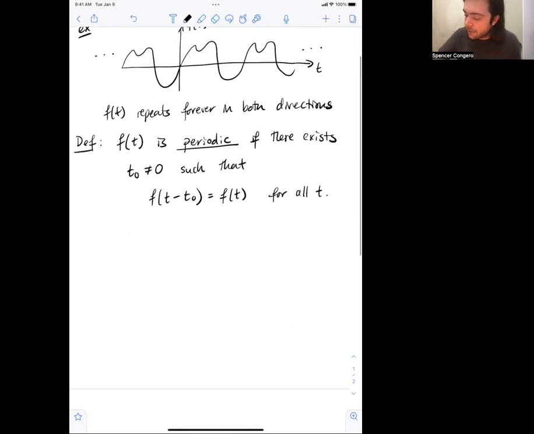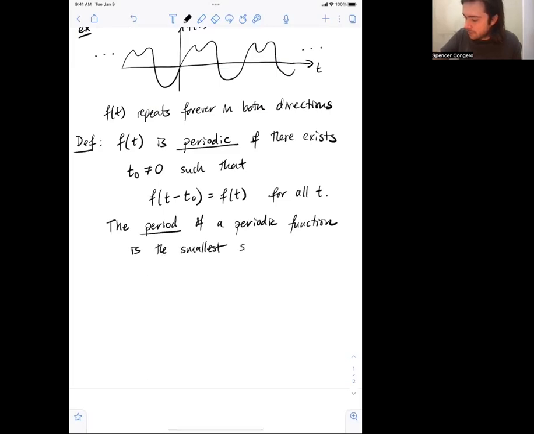All right, another part of the definition here. Now we're going to define the period of a periodic function. The period is the smallest such number t naught that is greater than 0. Okay, so the first part of the definition for periodicity: a function's periodic if there exists some amount I can shift by to have my shifted function equal the original function.